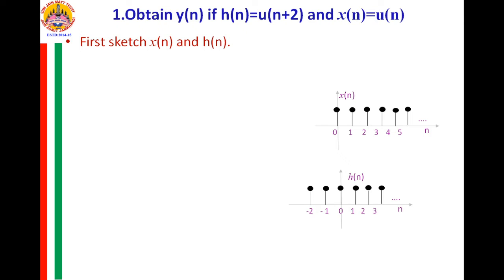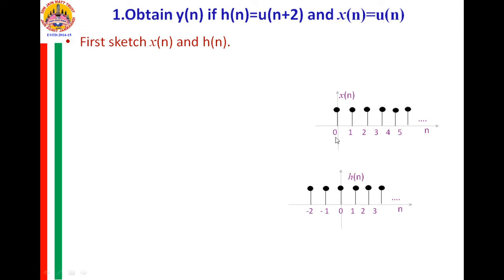It is essential that we know from which value we are supposed to start. So, to start with, what should be the left end of y of n? For that, the left end of x of n and the left end of h of n are essential.